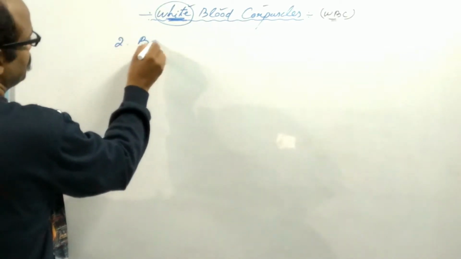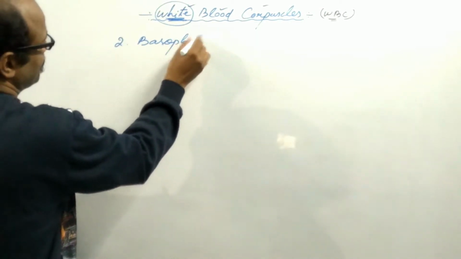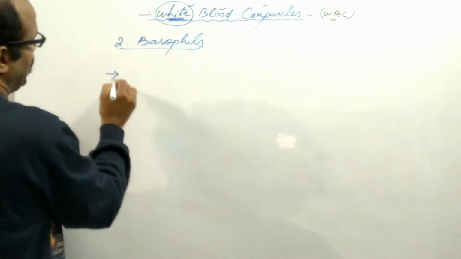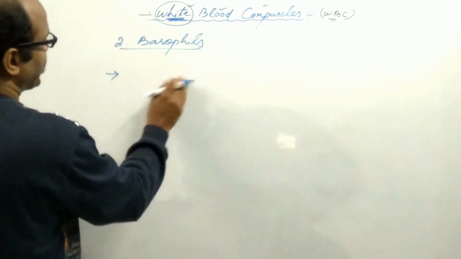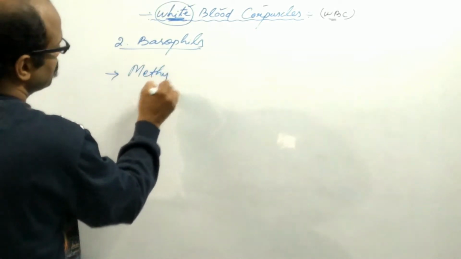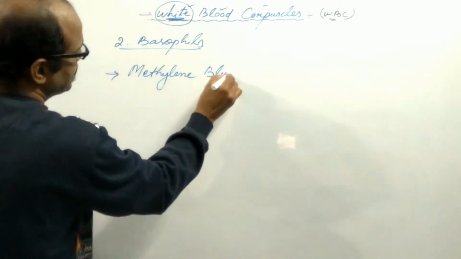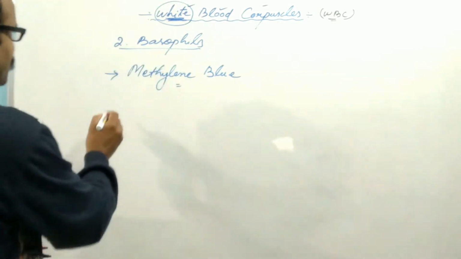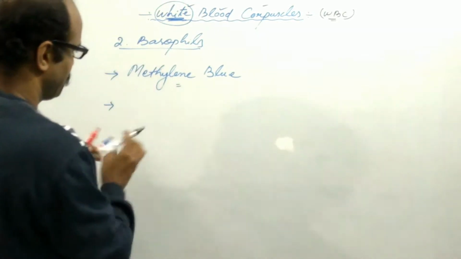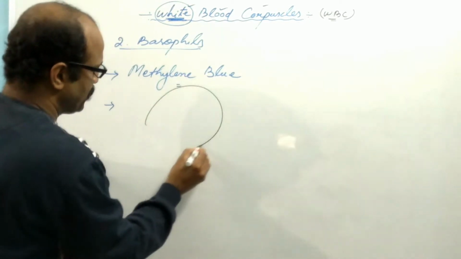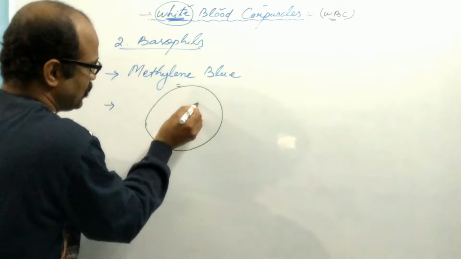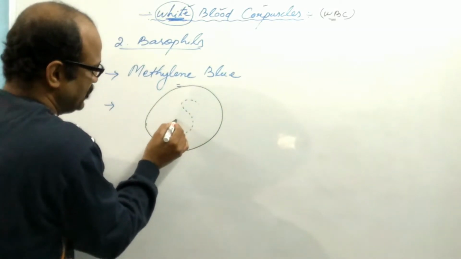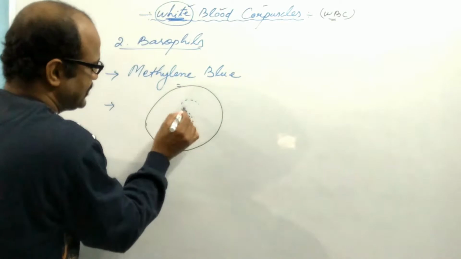Now come to the basophil. The basophil is stained by the basic stain, for example, methylene blue. Such basophil has a bilobed nucleus, but somehow it is S-shaped.